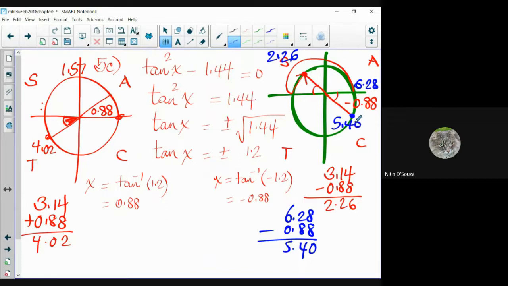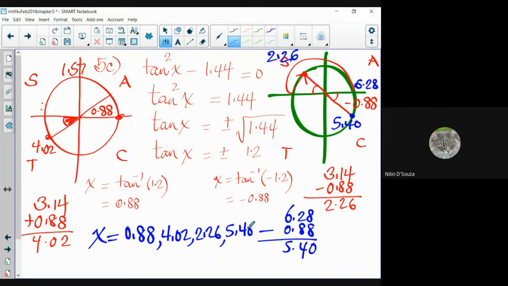Once you've done all of that nonsense, x equals 0.88, 4.02, 2.26, and 5.40.